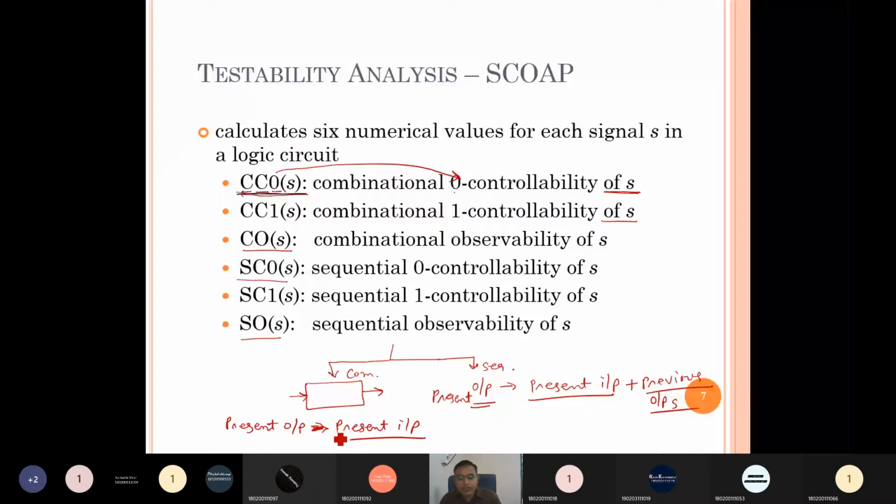So this is the clear difference between the combinational digital circuit and the sequential digital circuit. In a combinational digital circuit, we only find the combinational controllability and observability.